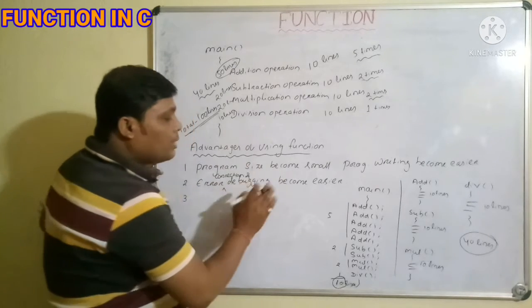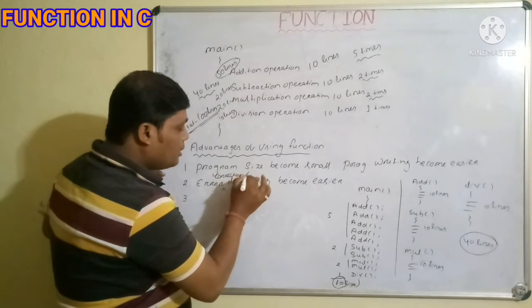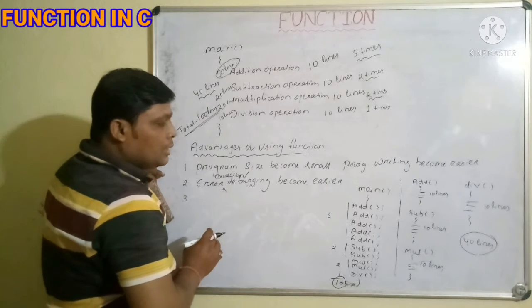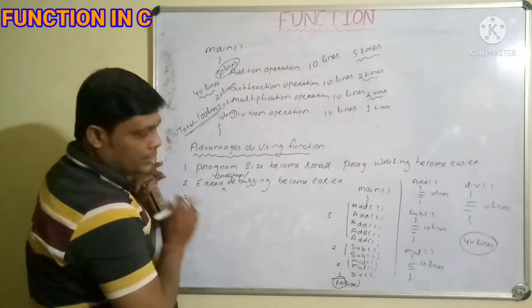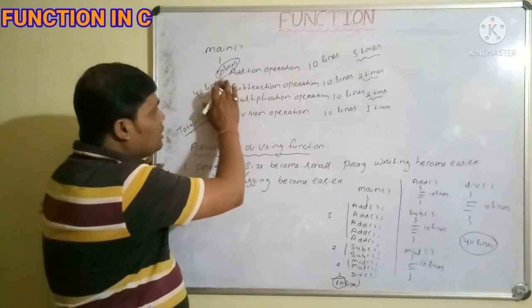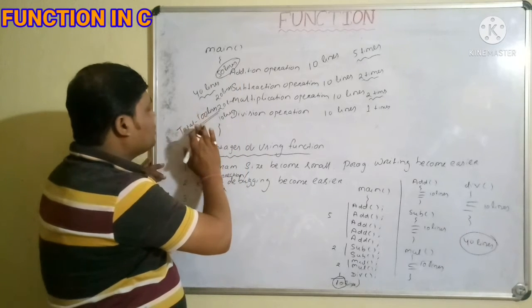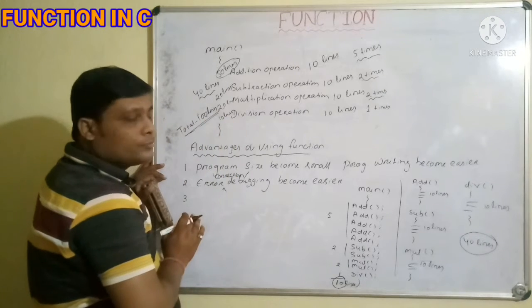Now you can see error correction or debugging becomes easier. Suppose how this error debugging becomes easier. Just see. Here without using function, how many lines of code? 100 lines of code.